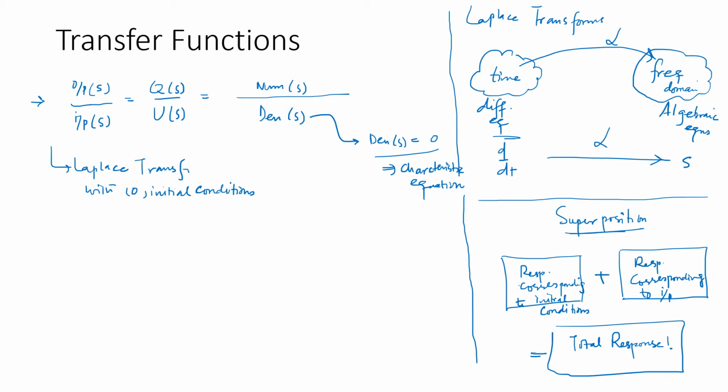And similarly, if you have the integral of a certain function, when you take the Laplace transformation, this is going to be 1 over S in the frequency domain or in the complex domain. So we will use these kinds of notations in order to construct the transfer functions. And these are going to greatly help us in order to understand how the system behaves, how it handles the input and generates an output.